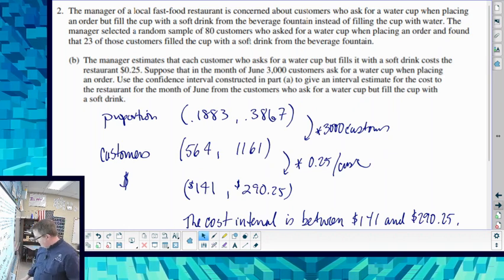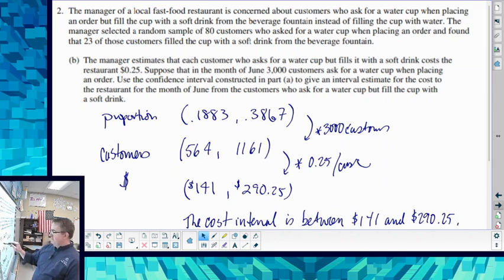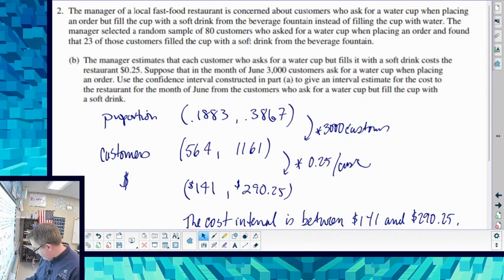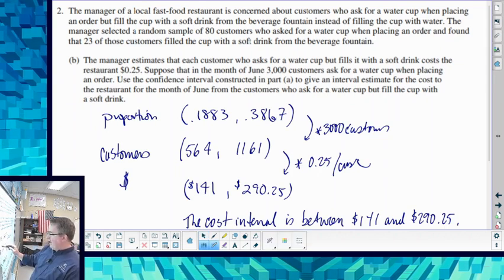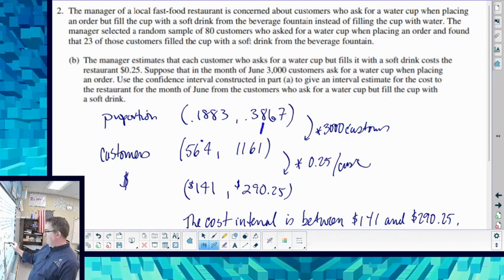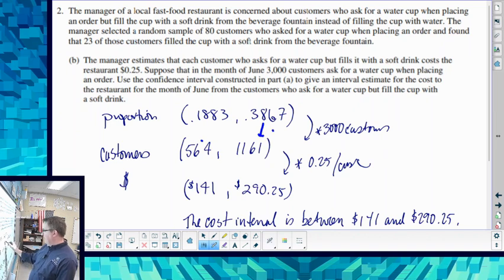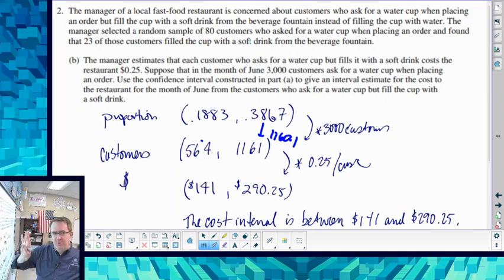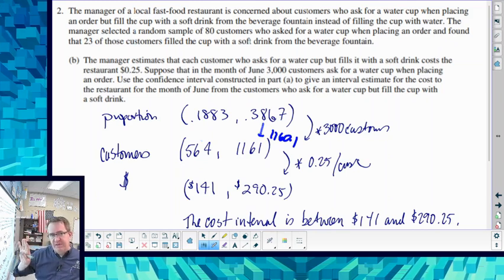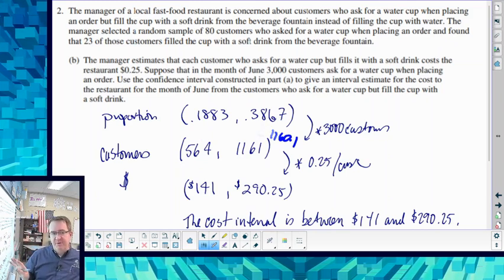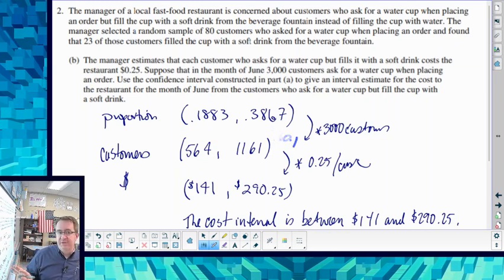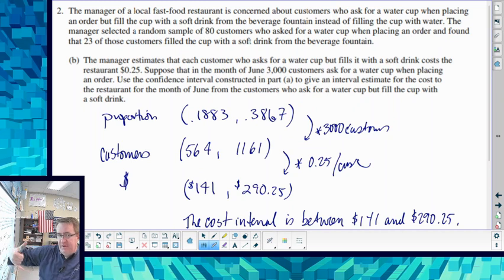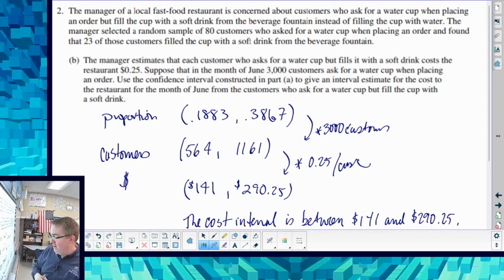Actually, the lower number gets you a little bit higher than 564, and the upper one gets you a little bit lower, I think it's like 1160.1 or something like that. So you need to push out a little bit. The lower number should be a little bit lower, so you can round that one down. The upper number should be higher, so we round that one up. We need to contain the 95%. If we round it the other direction, we're going to get shorter and we won't get our 95%.